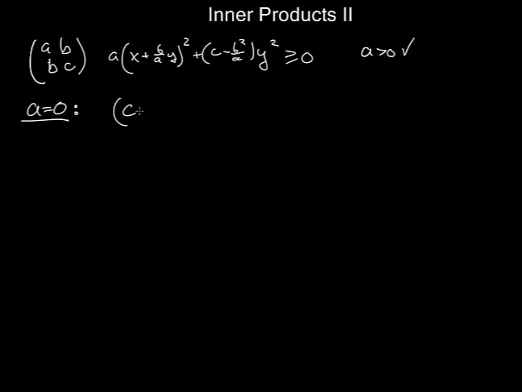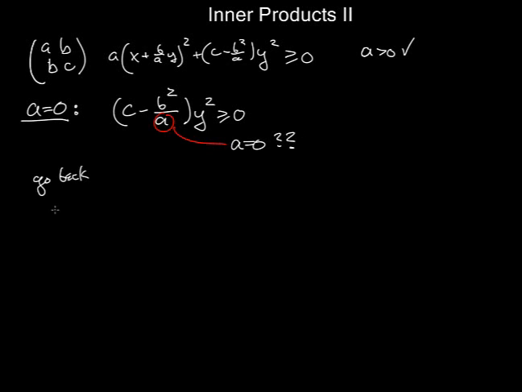But what if a is equal to 0? So then what you're left with is this first term 0, and you have c minus b squared over a times y squared is greater than or equal to 0, and uh-oh, what's going on here? I'm dividing by a, and a is 0, so clearly I can't do this. So we have to go back to the original equation and take a is equal to 0 there.